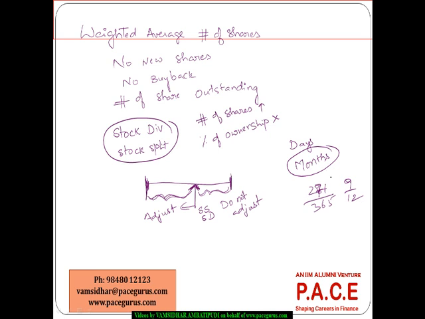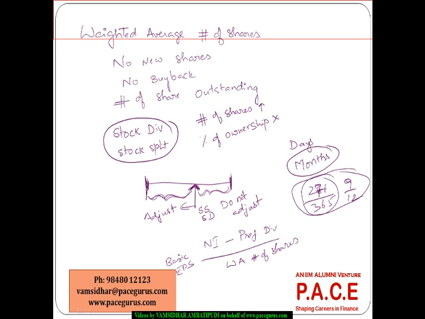Such approximations can very well be used, but in reality it goes with the actual number of days itself. So this is the weighted average number, and once I have it, I just need to subtract the preference dividend from the net income and divide it by the weighted average number of shares, and that will give me the basic EPS.